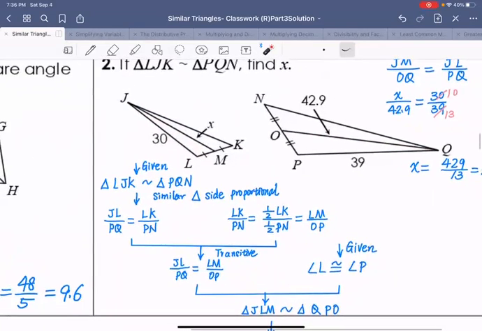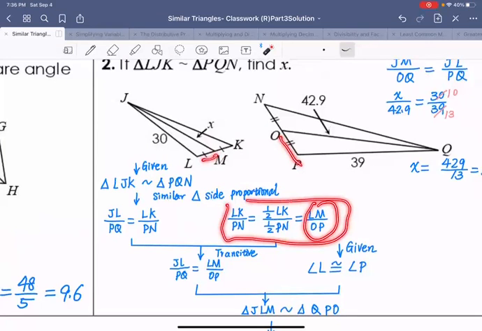You can times this guy by 1/2. This is double. You times 1/2. This 1/2 of this whole thing is going to be LM, correct? Yeah. LM over OP. This is just an algebra multiplication property, correct? Yeah.